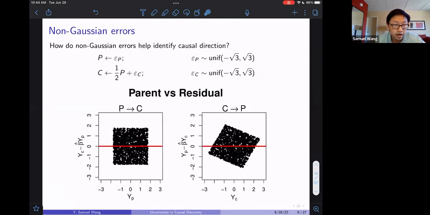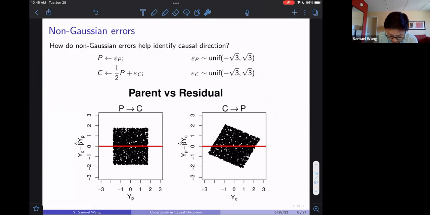But on this next plot, I've kept what I think is the parent on the horizontal axis, and here I've plotted the residuals when I regress the child onto the parent. Now we can see things that are a little bit different. On the left-hand side, where I have the correctly specified model, we can see that the residuals are roughly independent of the parent. On the right-hand side, where I've incorrectly specified the model, we can see that the residuals are uncorrelated with the parent, and this is from the first order conditions of least squares, but we can see that they're not independent.